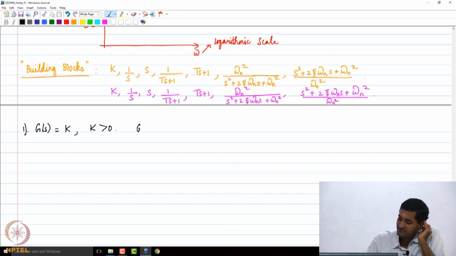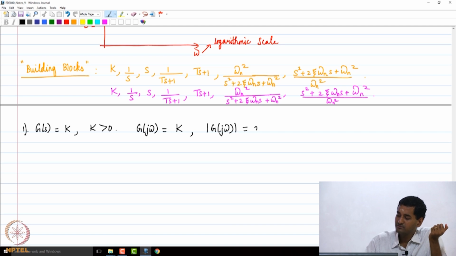If g of s is k, g of j omega is going to be just k. So then the magnitude of g of j omega is going to be equal to 20 log to the base 10 of the magnitude of k, which is just k in decibels.